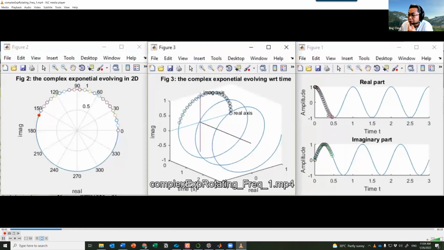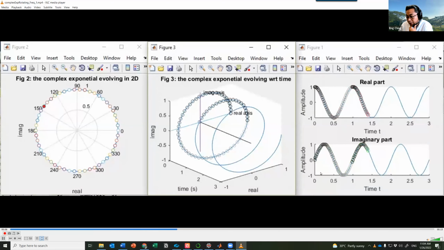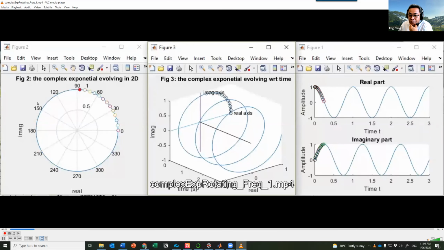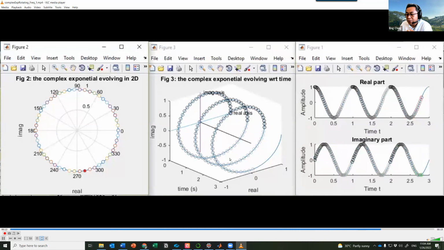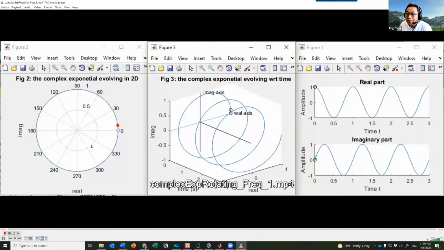You see, the real part is running across time and the imaginary part is running. When I have this, I can plot the 2D. He's spinning anti-clockwise, so the quiz question will be, is the complex exponential spinning anti-clockwise or clockwise? Okay, this is very nice. And you can figure out how to draw these three diagrams by yourselves now.